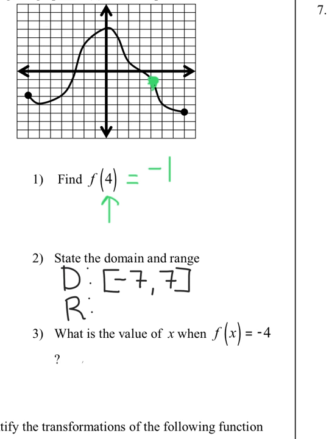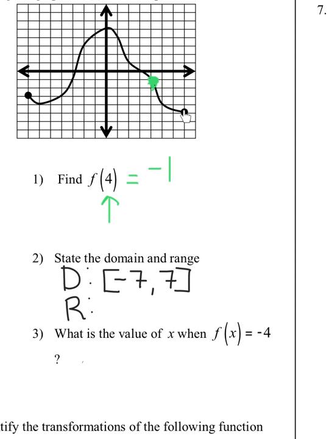Now the range is going to be read from bottom to top, not top to bottom. Range is read from bottom to top. You want to go low to high, just like we did for domain. We do the same thing for range. So I'm going to find the lowest point on my graph, and the lowest point on my graph is right here.